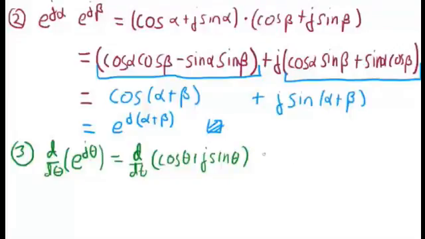And this is an easy derivative. The derivative of cosine theta is minus sine theta, plus j times the derivative of sine theta, which is cosine theta.